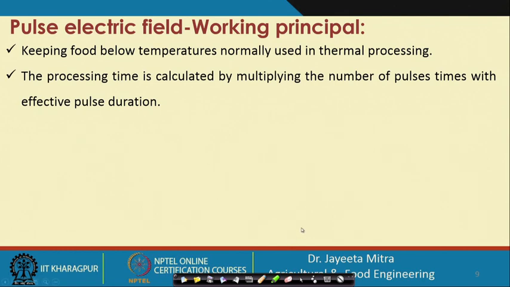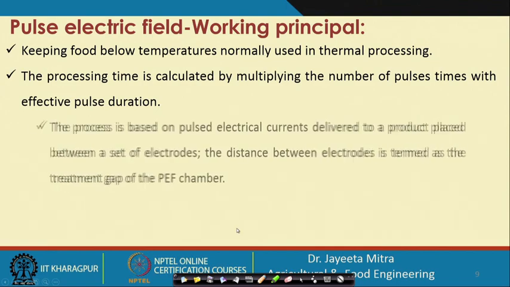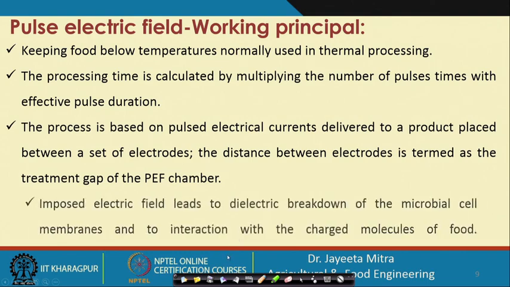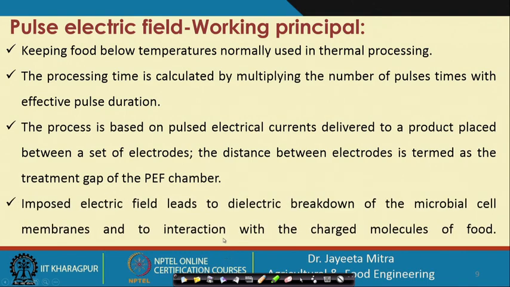Then the processing time is calculated by multiplying the number of pulses. Suppose we are sending many pulses. All pulses have some short duration of time. So, number of pulses times the effective pulse duration. Therefore, we can calculate the total process time.